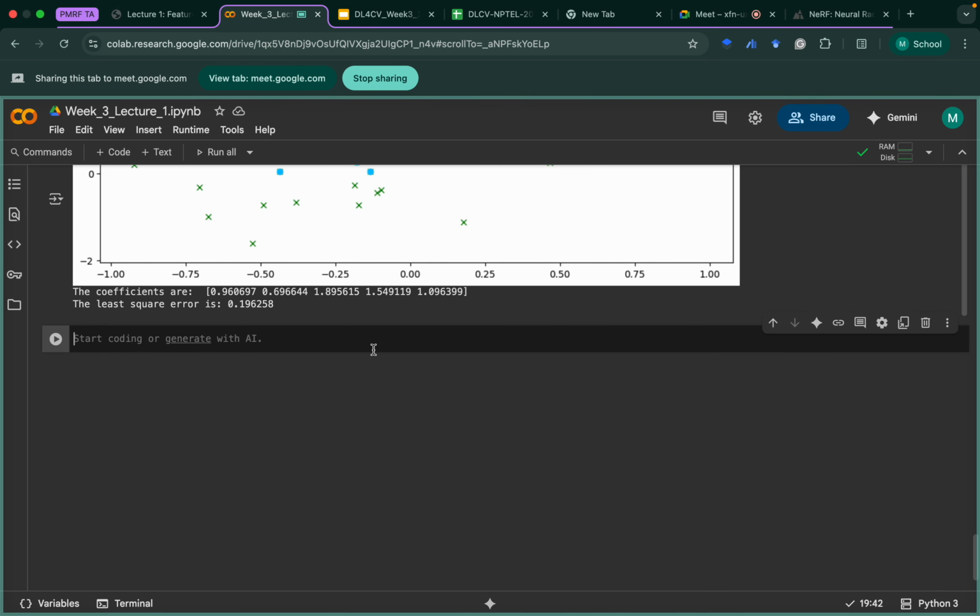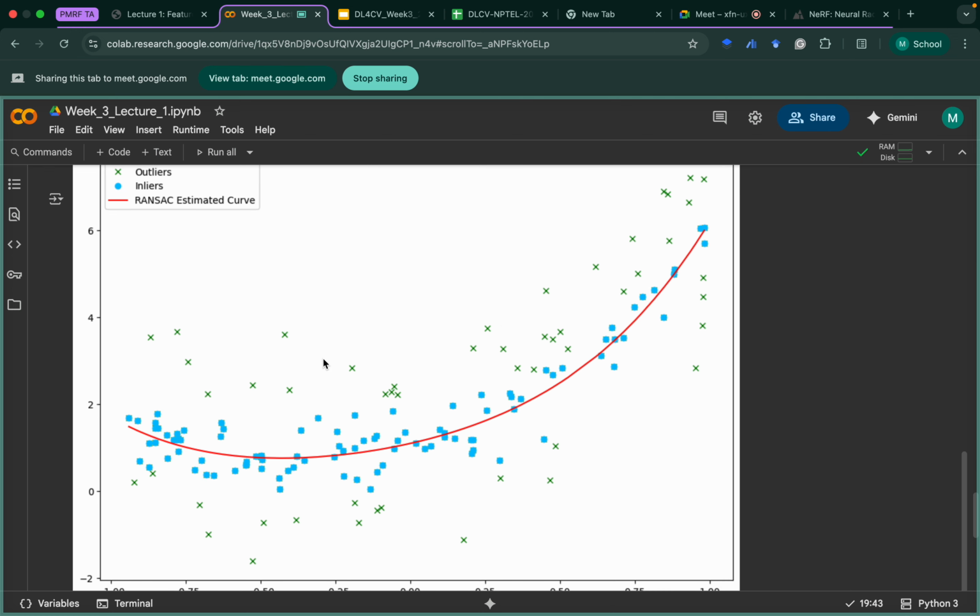So we can see what the error is for each of these, right? We can see that the error is least for the fourth order polynomial here. But then what do you expect?